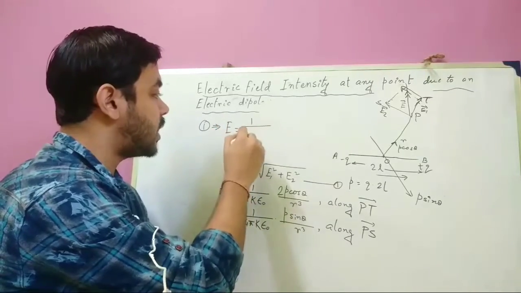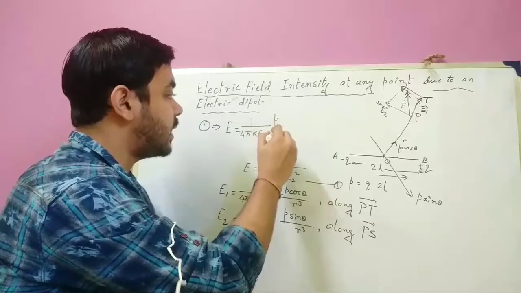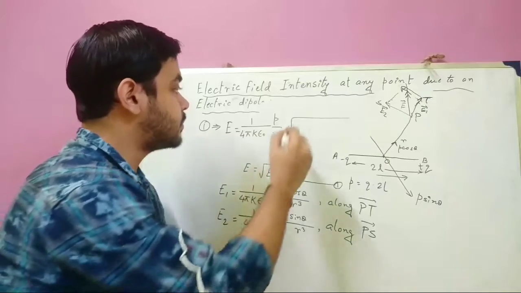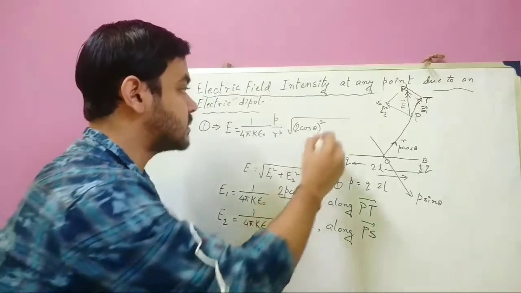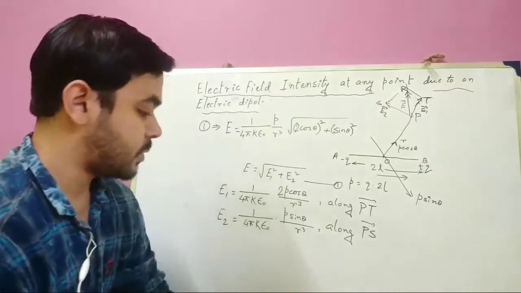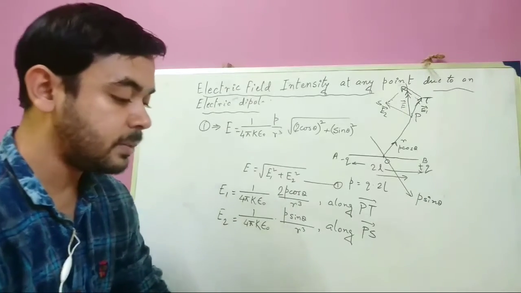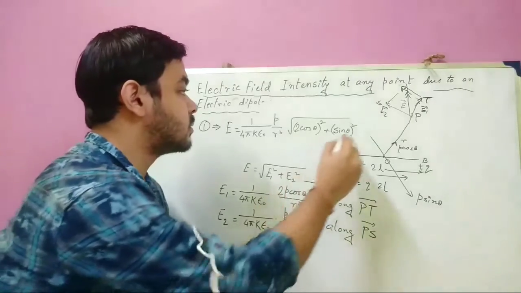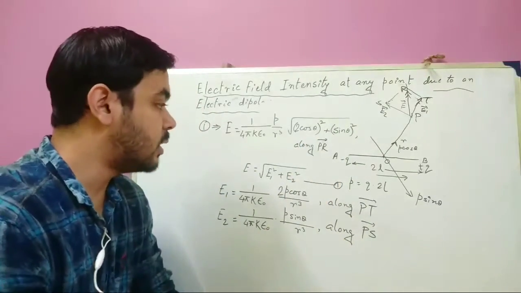So this will be equal to 1 by 4 pi k epsilon 0 into P by r cube into root under (2 cos theta) whole square plus (sin theta) whole square, and this resultant electric field intensity at point P is along PR.